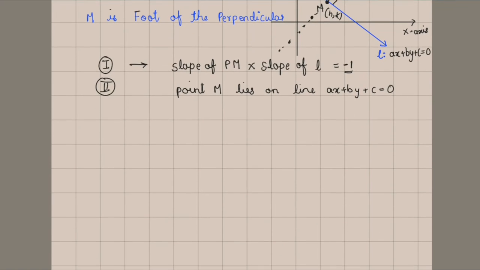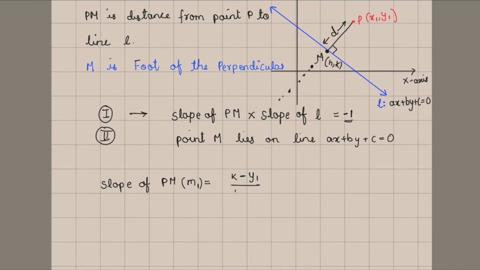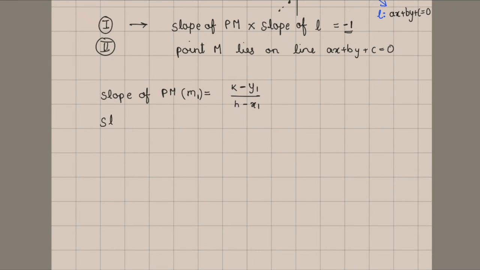So slope of PM, m1, equals (k minus y1) by (h minus x1), and the slope of L, which is m2, is nothing but minus a by b.